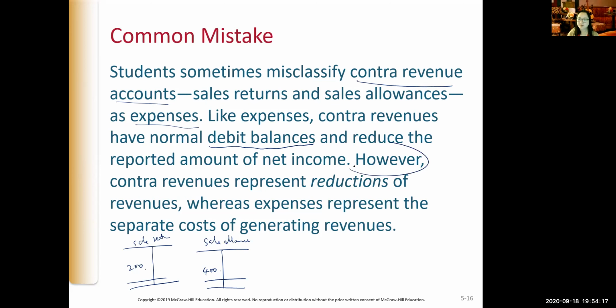But contra revenue represents a reduction of the revenue, whereas expenses represent separate costs of generating revenue. So the essence of sales return and sales allowances is totally different from expenses, right? Expenses mean the cost or sacrifice of resources to generate a certain portion of revenue or income.